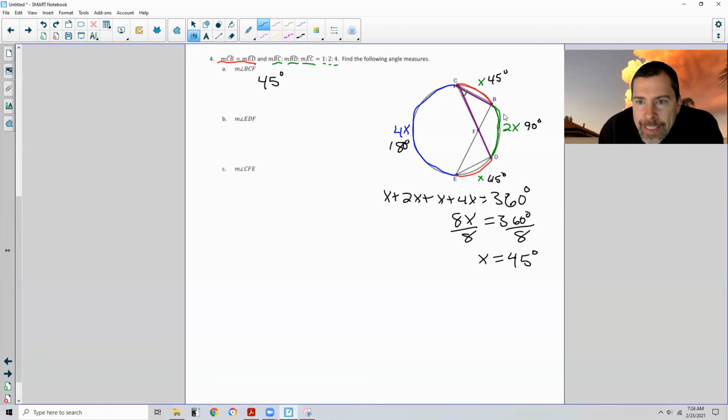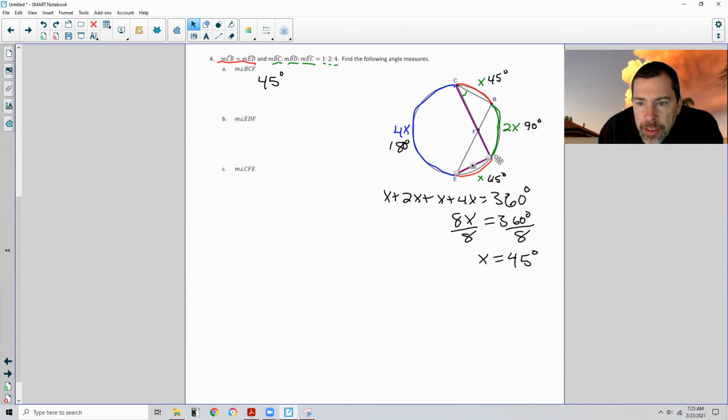The measure of angle EDF, well, let me move my marks now. Here's E. E is right here, like so. And we're saying EDF, which would be like this. Okay, so let me shorten this to F. So now we're saying EDF.